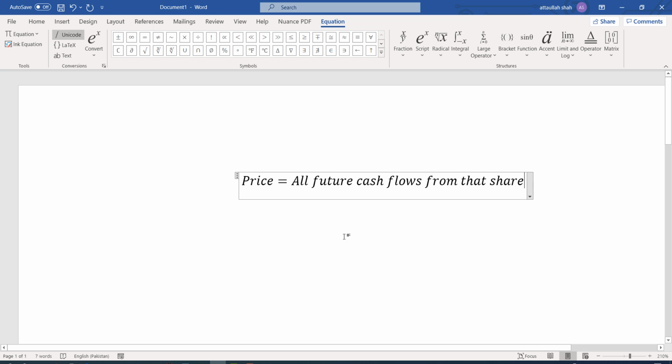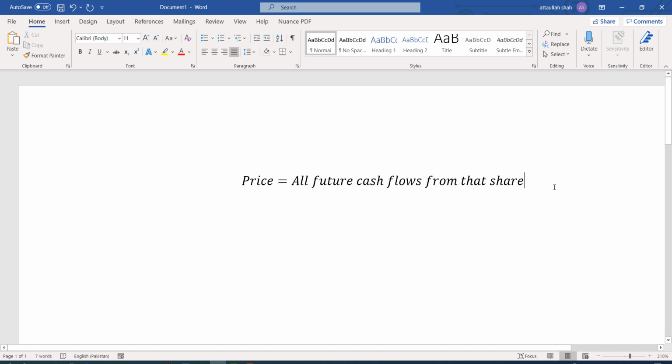Okay, this should be the guiding principle for developing an equation for share price valuation. If we look at the equation, it talks about future cash flows.